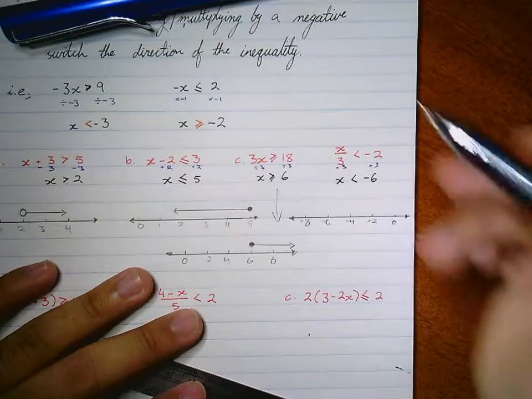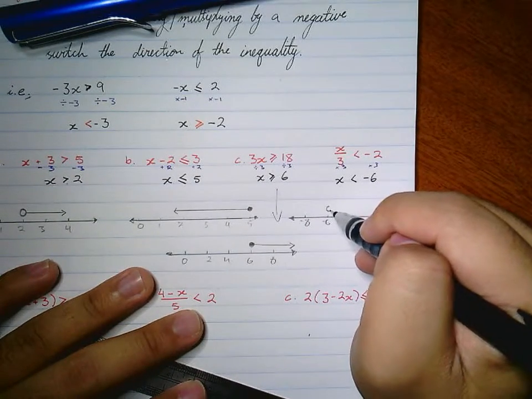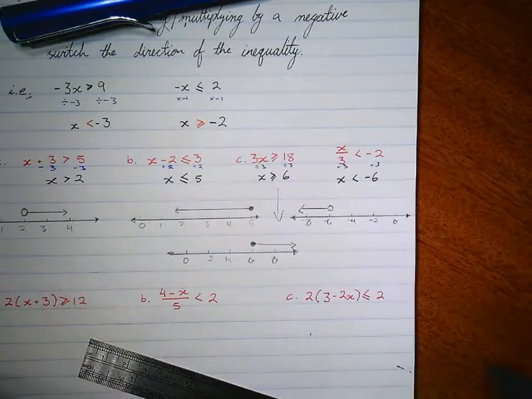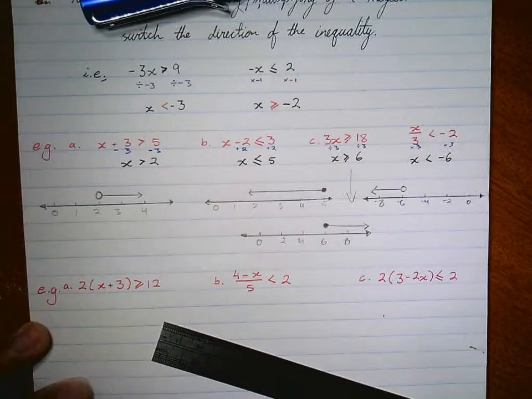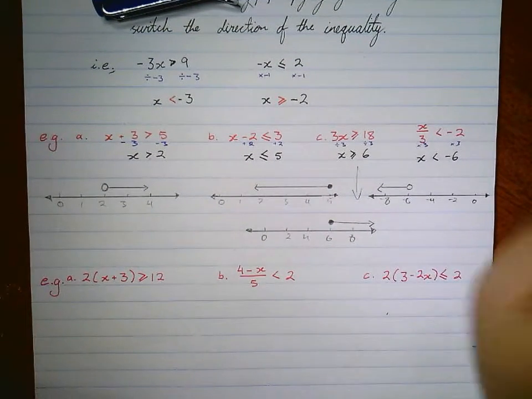And then once again, -6. This time it's not equal to, so we're going to leave this as an open dot facing left. And that there's the first line of work. Hope you could follow with that. You could pause and rewind whenever you like.